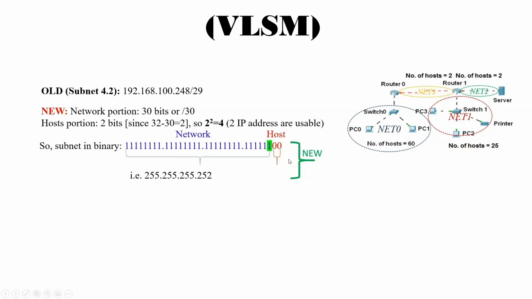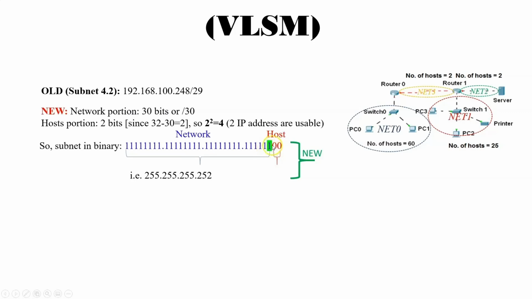So those are the 4 possible IP addresses, and the usable ones will be 10 and 01, or 01 and 10. So those will be the usable IP addresses, because the one that ends with 00 will be the network ID, and 11 will be the broadcast ID.